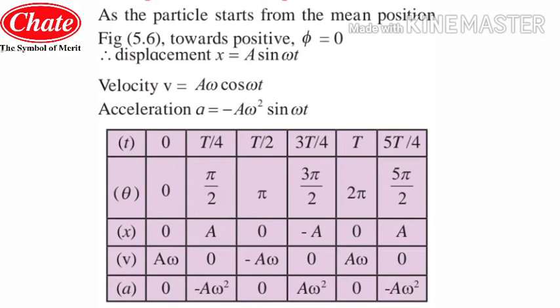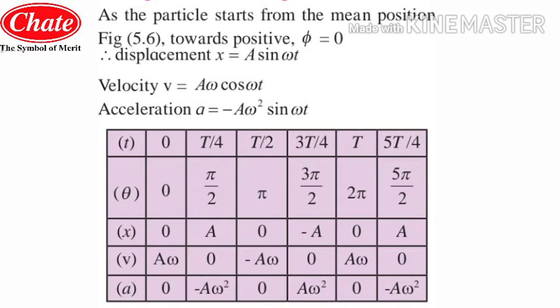If you differentiate the equation, that is dx by dt, you will get a omega cos omega t. If once again you differentiate the velocity, you will get the acceleration, which is minus a omega square sine omega t.